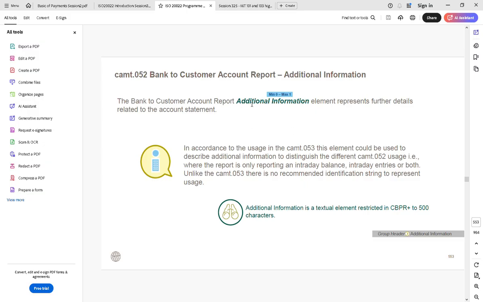Bank to customer account statement additional information element represents further details related to the account statement. Whatever information is required, you can put down in simple plain text here. Additional information is a textual element restricted to 500 characters. Here also the same, 500, so both things match together.